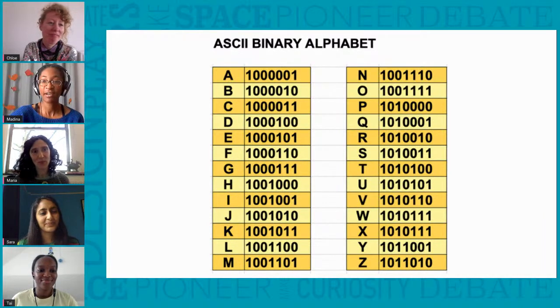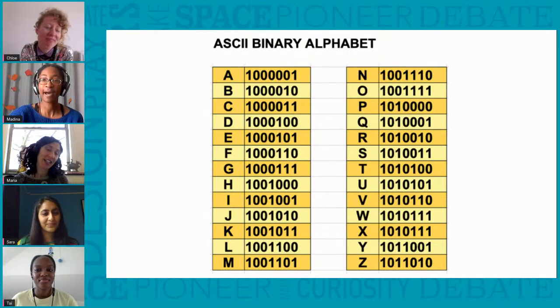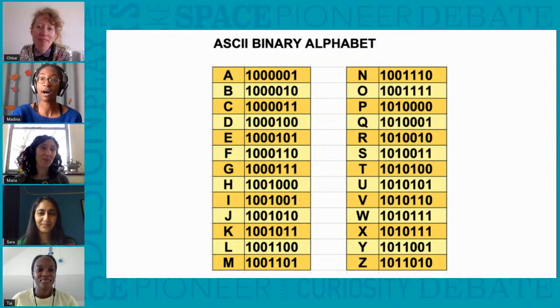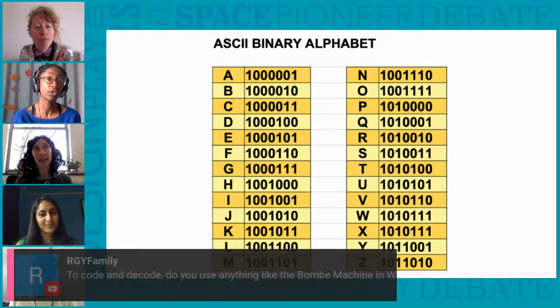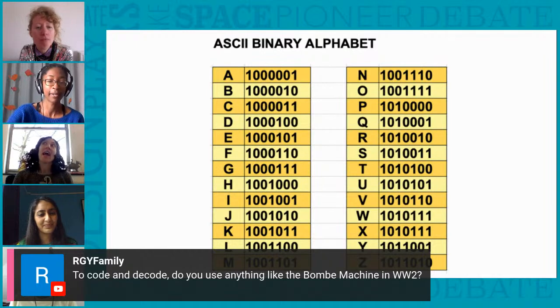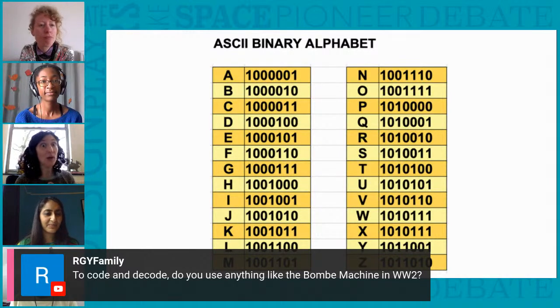Do we have time for some more questions? Definitely. Thanks, Medina. So you spoke about how you really love programming, Maria, and the RGY family is asking, to code and decode, do you use anything like the machine used in World War II, the one that you mentioned in Bletchley Park? For code and decode, you usually use something that is called cryptography. So that is very similar to what we just did now with those letters and all these numbers.